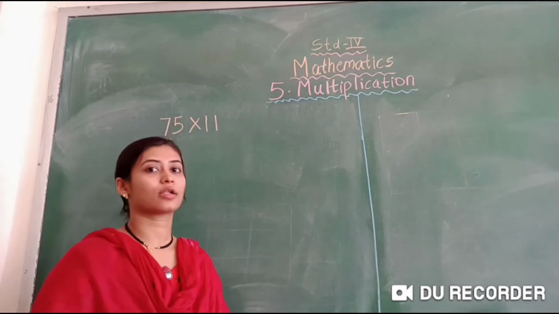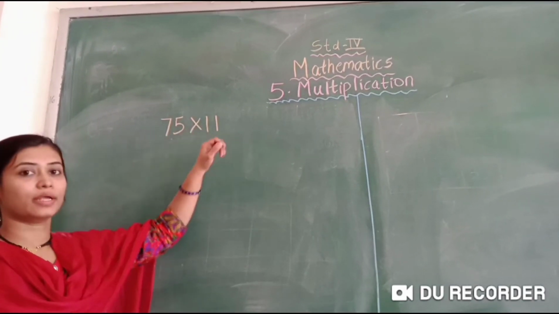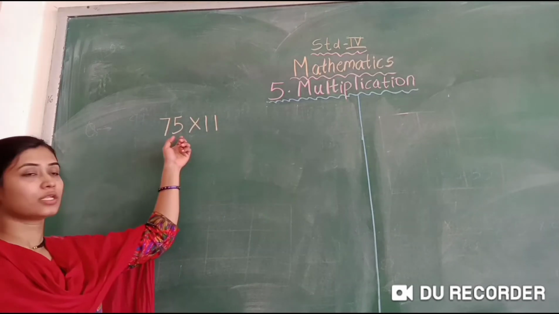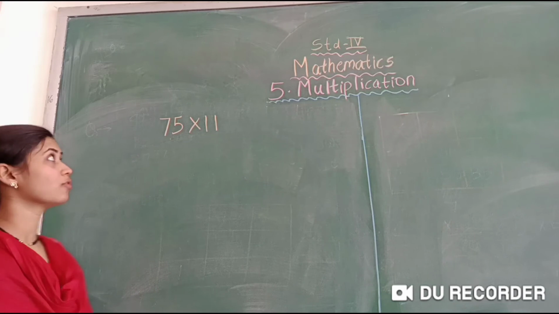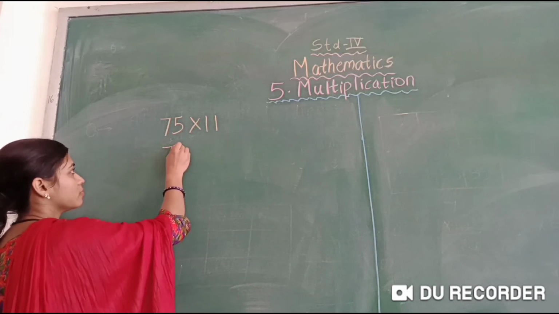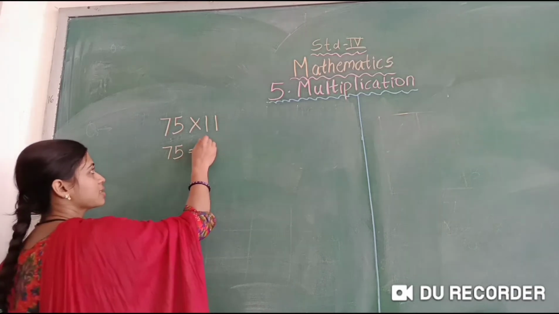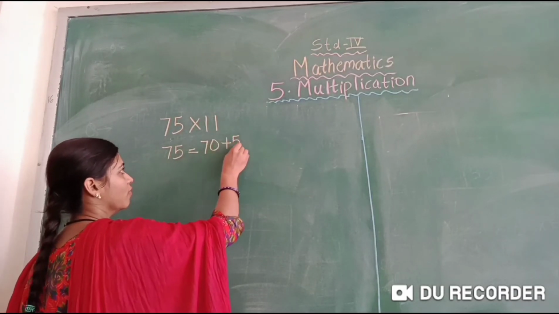Now let us take another example of a 2-digit number. 75 multiplied by 11. For using the lattice method, we need to write these numbers in the expanded form. How to write 75 in expanded form? It is 70 plus 5.